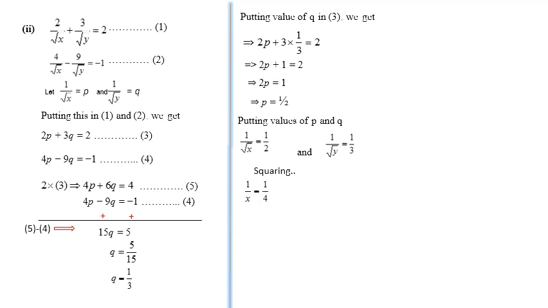When you square it, 1 by root x squared is 1 by x, which is equal to 1 by 2 squared, that is 1 by 4. Here 1 by y is equal to 1 by 9. Then just cross multiply and calculate, and we finally get x is equal to 4 and y is equal to 9. Either you can cross multiply or you can take the reciprocal. Anyway, if you calculate, you will get the values for x and y. Hope it is clear.